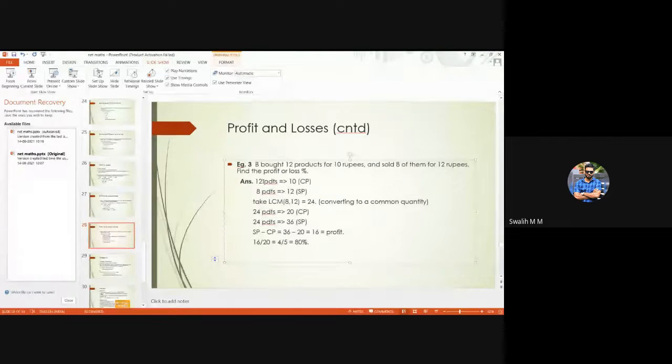Here 12 is multiplied by 3 to become 24, so we have to multiply 10 also by 2 to make it 20. So selling price minus cost price is 36 minus 20, that is 16. And that is profit. The question is profit percentage. That is 16 by 20, that is 80%.